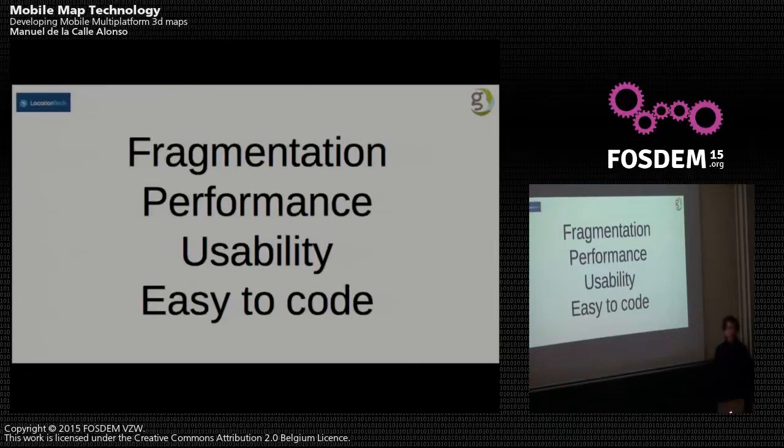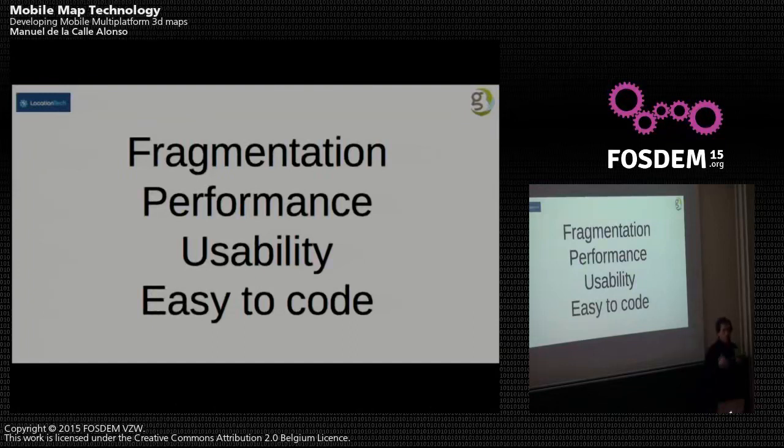Another problem is usability. All the maps that were developed for the web are thinking of the usability of the web, but the usability on mobile devices is different. The resolution of your finger is different from the resolution of the mouse.